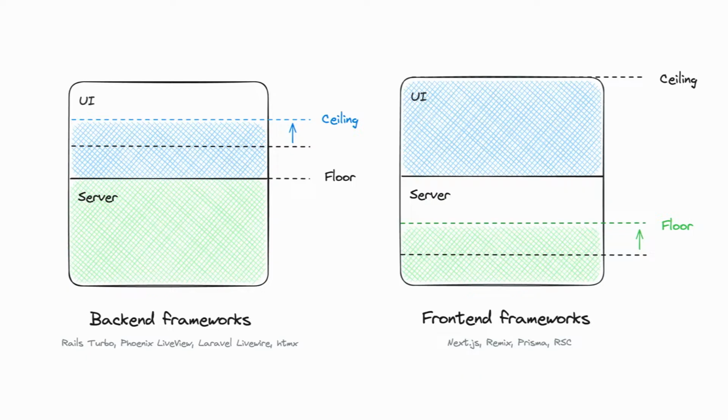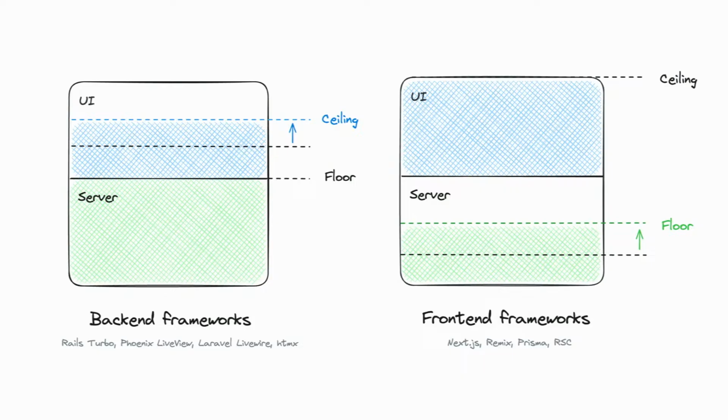And this is kind of how I think about the last 10 years of development in web frameworks. On the left, we have the backend frameworks, which are traditionally high floor, low ceiling. And what have they been doing? They've been trying to raise the ceiling with tools like Turbolinks and Rails Turbo, Phoenix LiveView, Laravel Livewire, even HTMX, right?